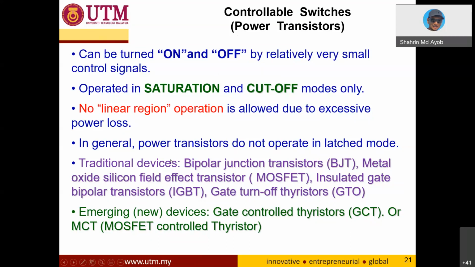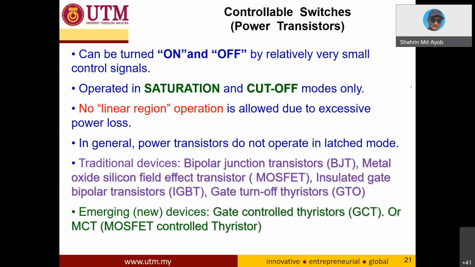The transistors that we will discuss later in this class are the bipolar junction transistor BJT, the MOSFET, IGBT, and so on. Then we have emerging new devices, what we call GCT and MCT.